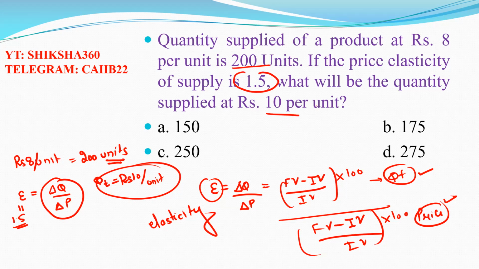We have to find the quantity, so let the final quantity be X, since we do not know it. The initial quantity is 200. The final price is 10 and the initial price is 8. So let's solve.